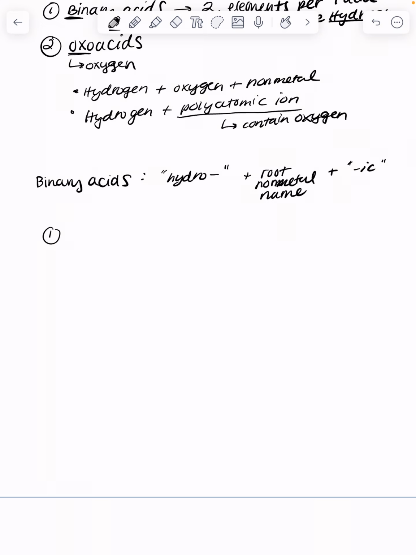We're gonna do how about HCl and HBr and HI, hydroiodic acid. All right, so all of these we see have a hydrogen.